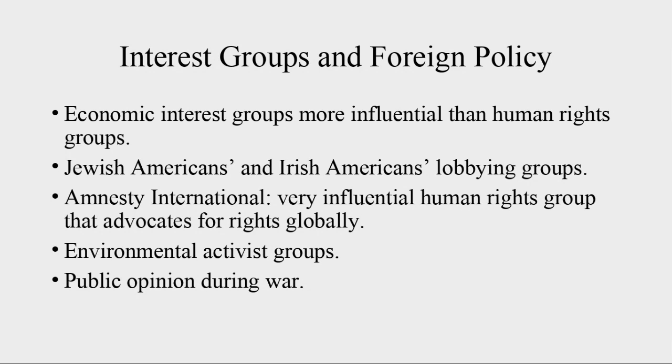If they lock up a human rights worker in Ethiopia, Amnesty International will petition and campaign and shame the government into letting that person go. So Amnesty International has been successful in promoting human rights abroad and getting people out of detention and so on.